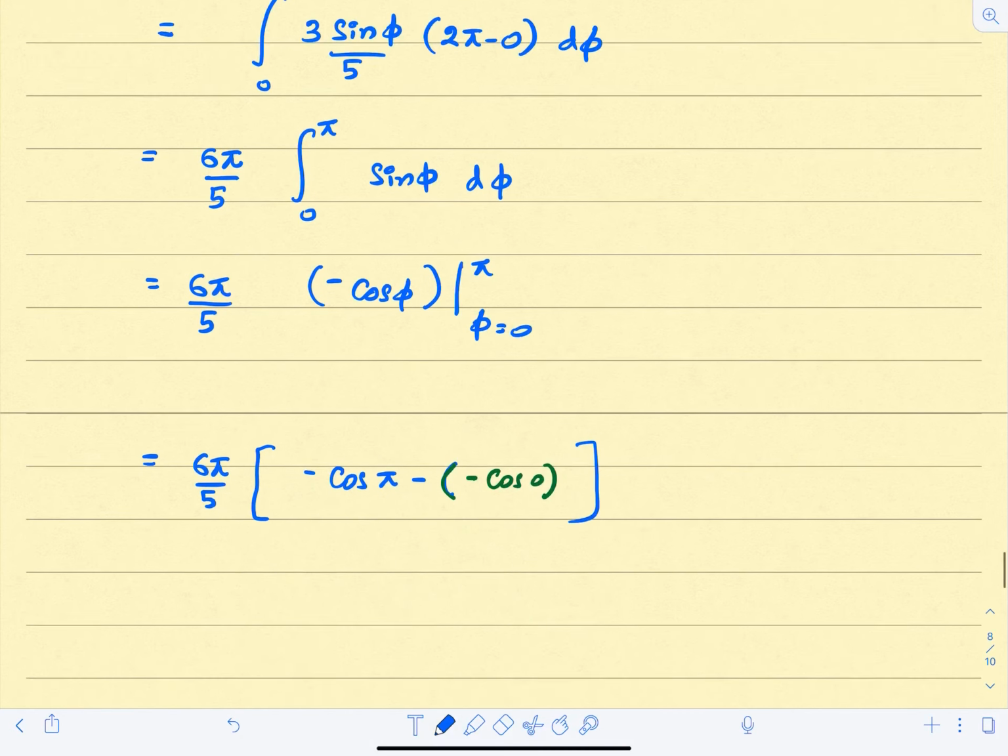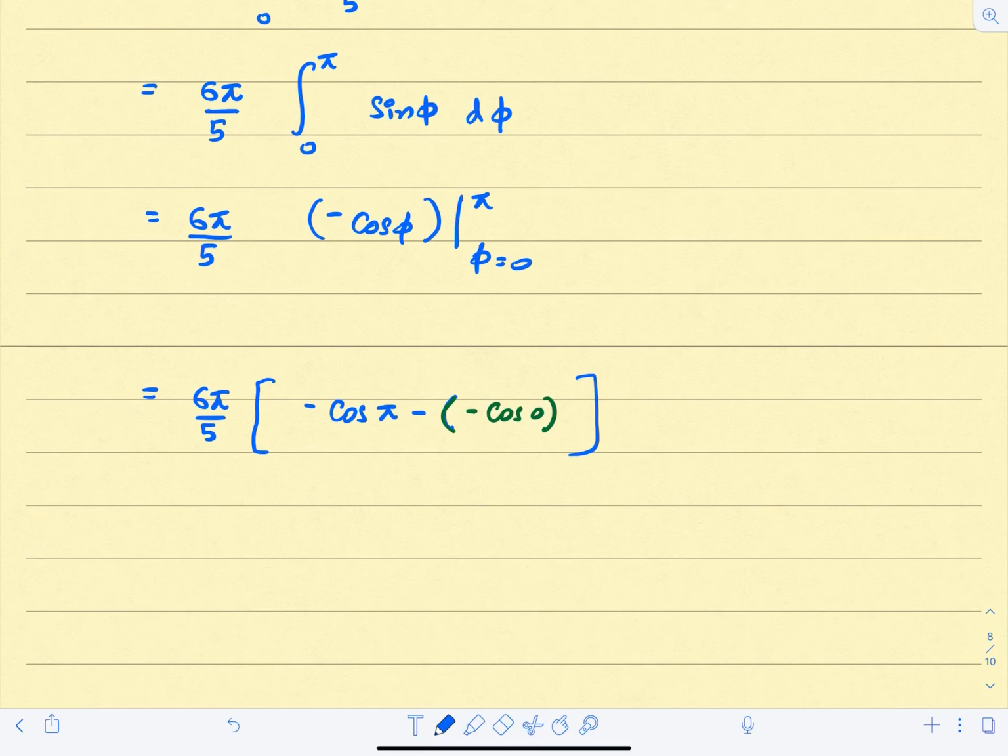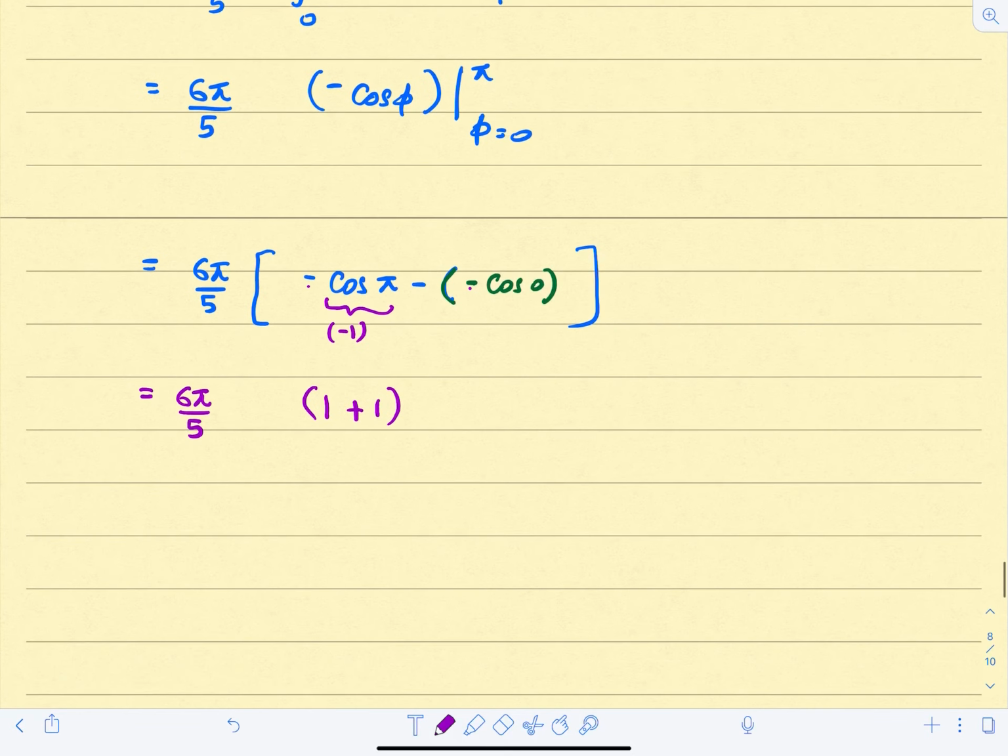Cosine pi is -1, so -1 times this negative becomes +1. Minus times minus is plus, and cosine 0 is 1, so you have 1 plus 1, which equals 6 pi over 5 times 2, and this is nothing but 12 pi over 5.